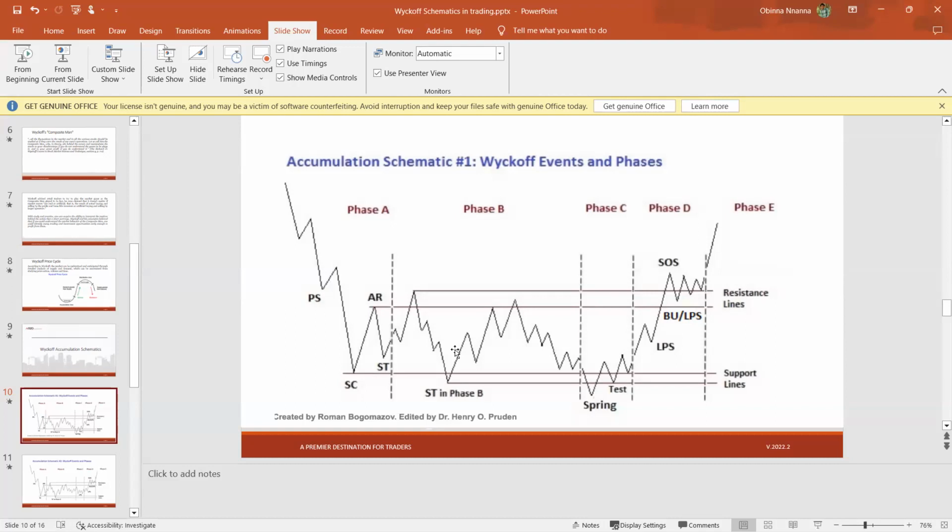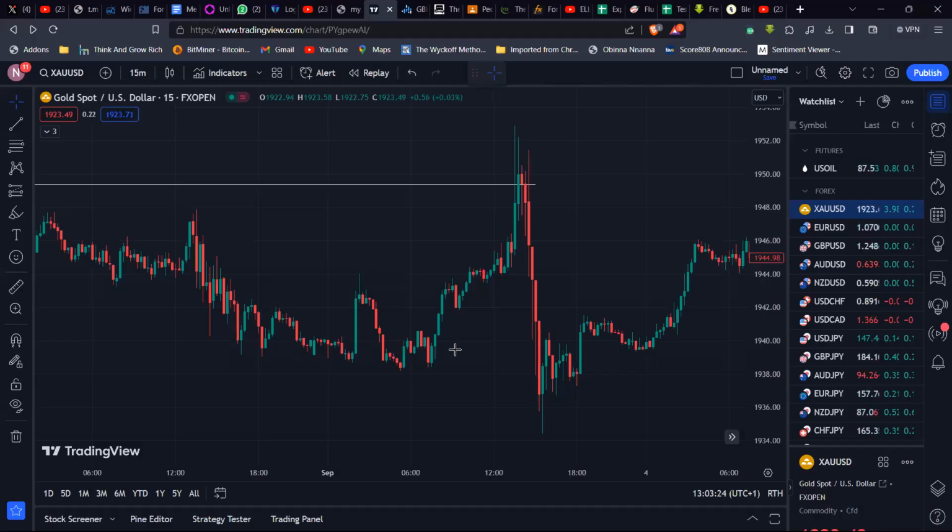So once we've seen the sign of strength, it's at this point here that we want to begin to look for entry. So we're not trying to buy or do anything here, because most likely you get whipped out. We want to get involved when we've seen the money come into the market, not before. I don't know if that makes sense. We want to wait for the money to come into the market and then look to get involved, not before it came into the market.